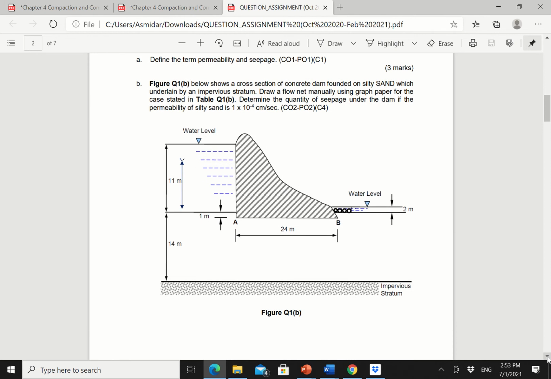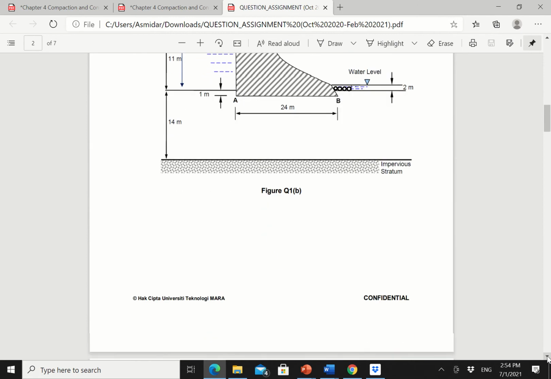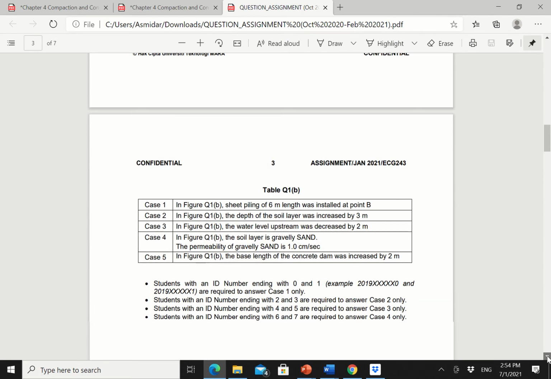The question is about the construction of a dam, and behind the dam the water is expected to rise up to 11 meter. All of the drawing has been detailed out in figure Q1B, but this is basically a general drawing, because each one of you will answer differently based on your case. So let's see the cases given.